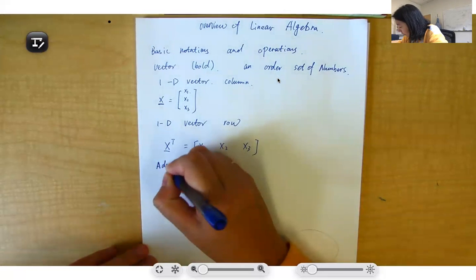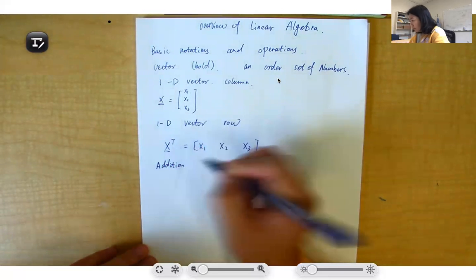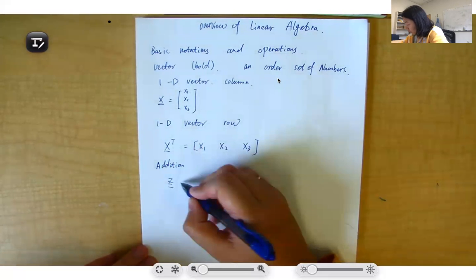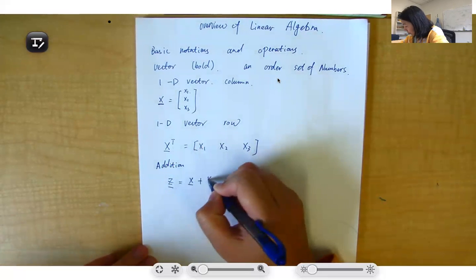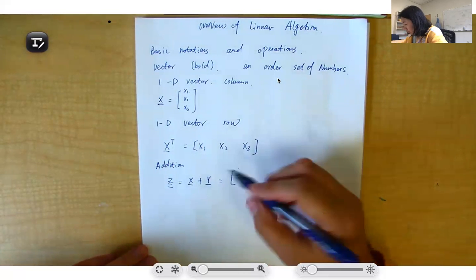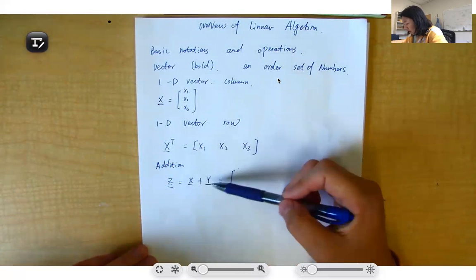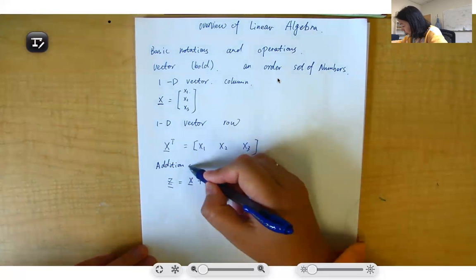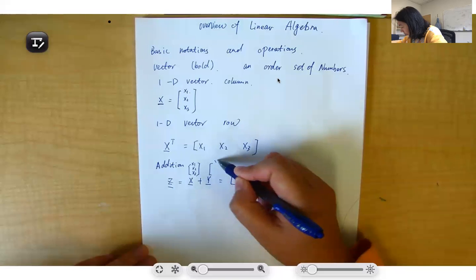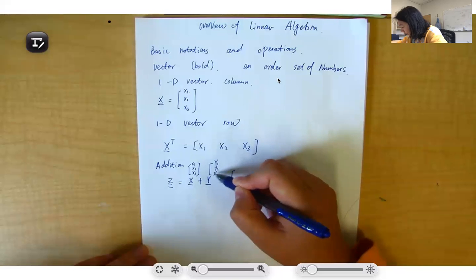Let's start with the simple one, the addition. Let's say the z vector equals x plus y. Let's say they have the same dimension, x1, x2, x3, and y is y1, y2, y3.